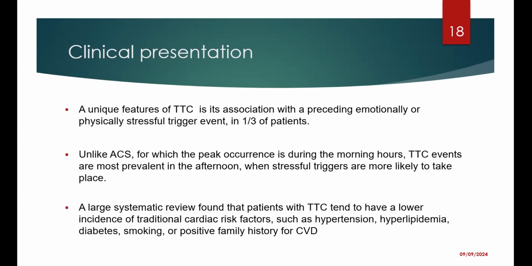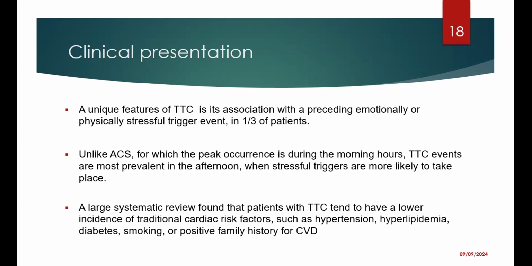A unique feature of Takotsubo is its association with preceding emotional or physical stress trigger events. Unlike in ACS, for which the peak occurrence is during the morning hours, Takotsubo usually presents in the afternoon, when stressful triggers are more likely to take place.